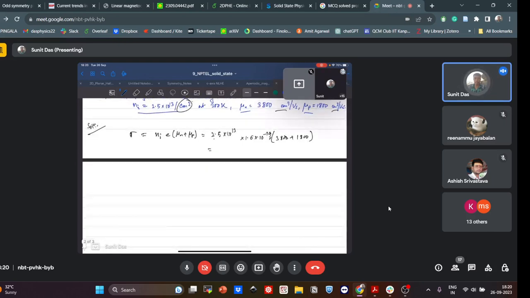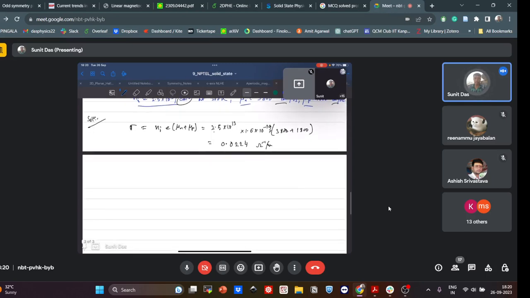So this will be around 0.04 Siemens per meter, or ohm inverse meter. So this is the intrinsic conductivity.